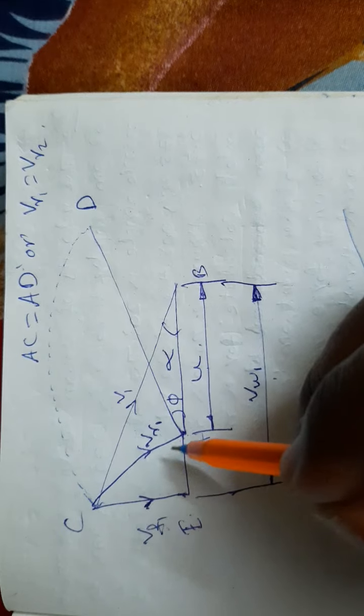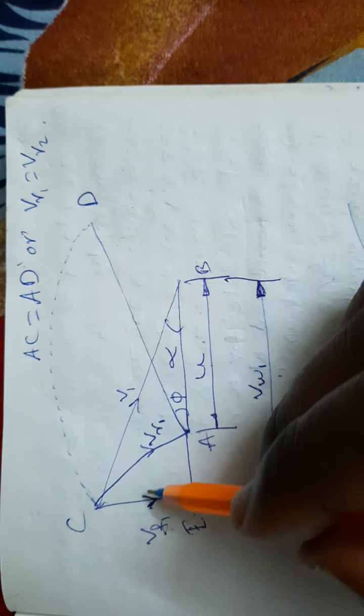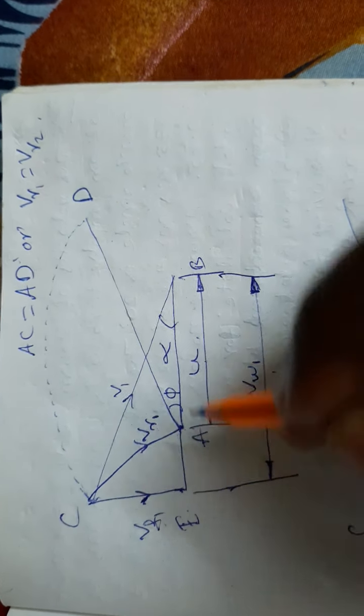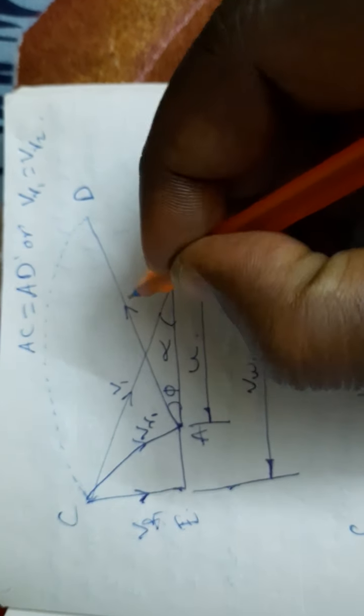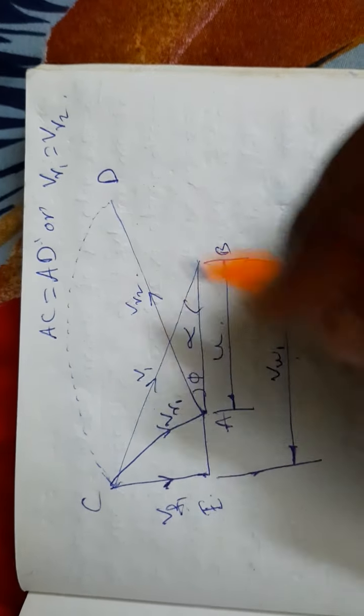There is no change in the relative velocity at inlet and outlet. So the relative velocity at inlet is equal to the relative velocity at outlet. This is VR2. Here AC equals AD.